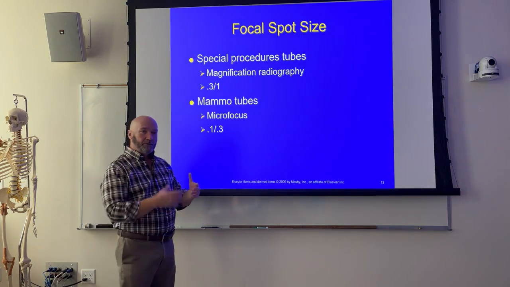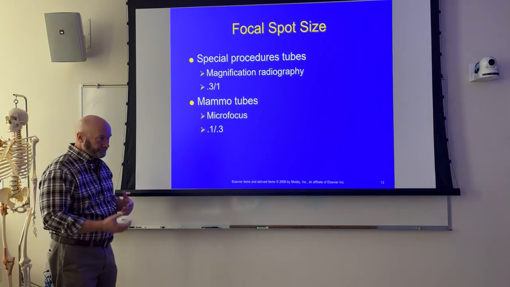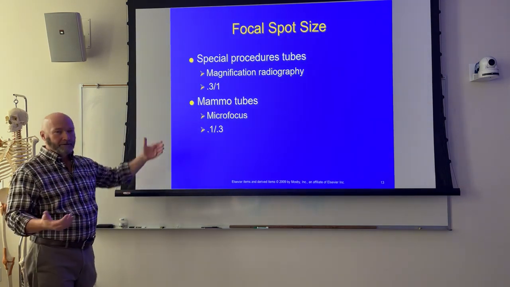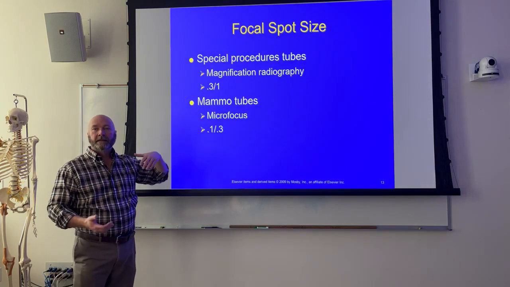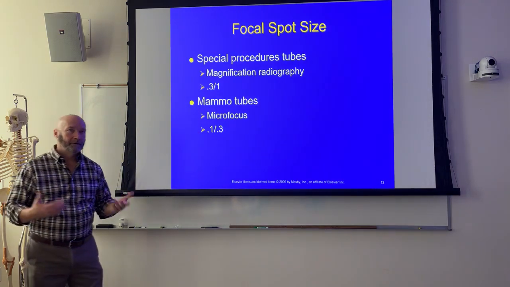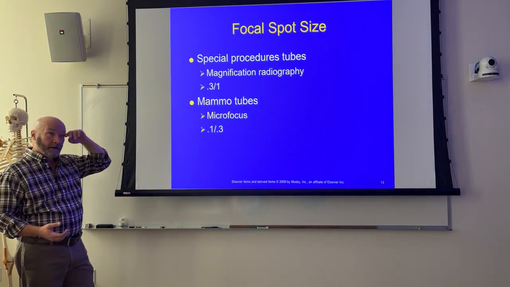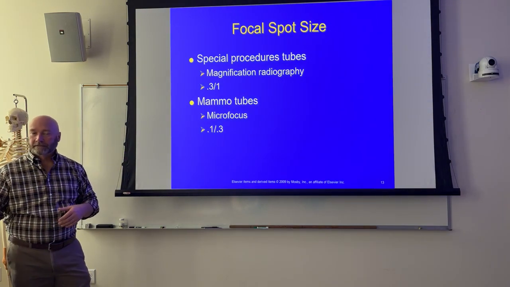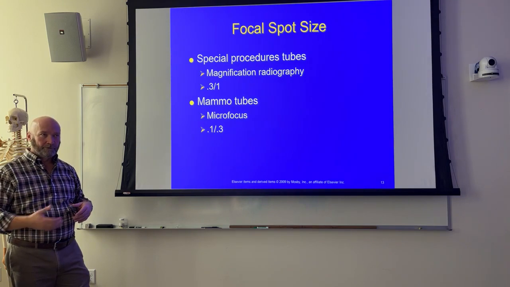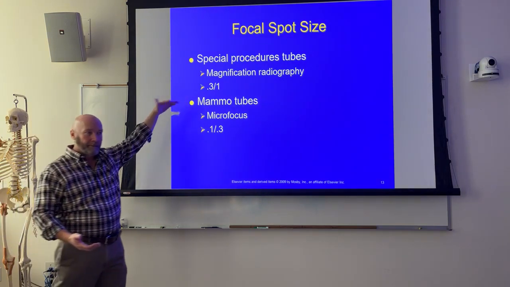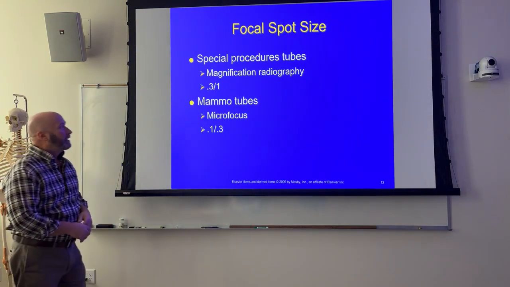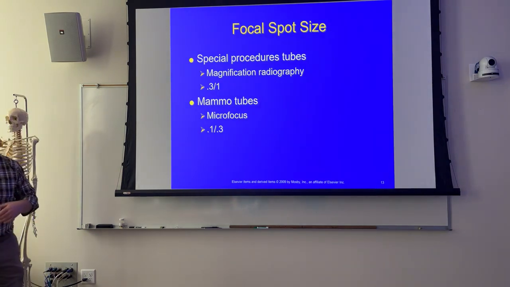So we still use that increase in OID, but it doesn't really give us an increase in image size. It's just for convenience, but it's less so for actual magnification, because we can magnify the image digitally. So that's special procedures tube.